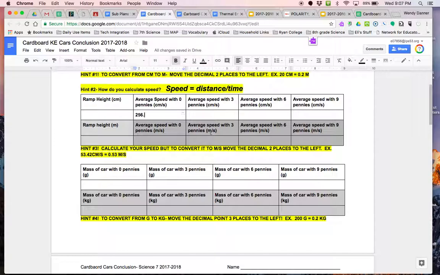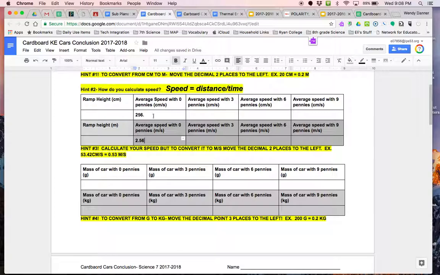If I move that decimal point 2 places to the left, here's the decimal point. 1 place to the left would make it 25.6. 2 places to the left is going to make it 2.56 meters per second.